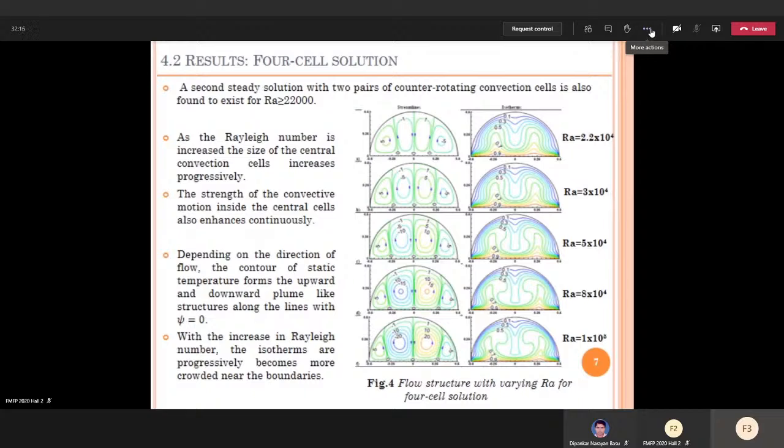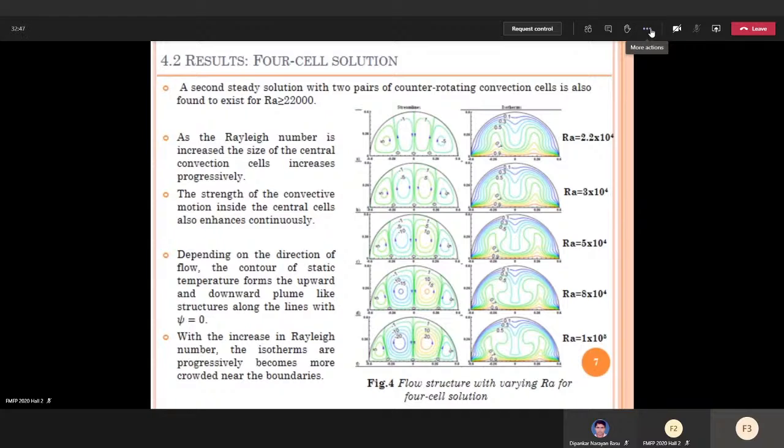The most important finding of this study is that as we increase the Rayleigh number, after a critical Rayleigh number approximately equal to 22,000, apart from the two-cell solution, there is a second steady solution which appears in the form of two pairs of counter-rotating convection cells. So the four-cell structure that is obtained beyond Ra equal to 22,000 is shown in figure 4.